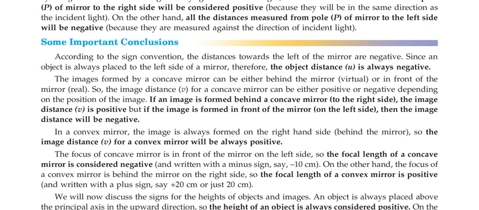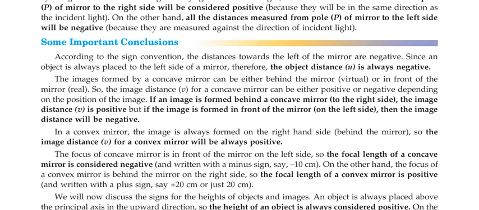Whether it is a convex mirror or a concave mirror, the rule is that we have to place the object always on the left hand side. The distance between the object and the pole of the mirror is the object distance, and that will be negative because it is always placed on the left hand side.